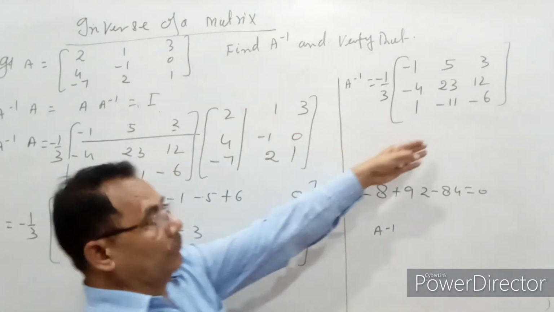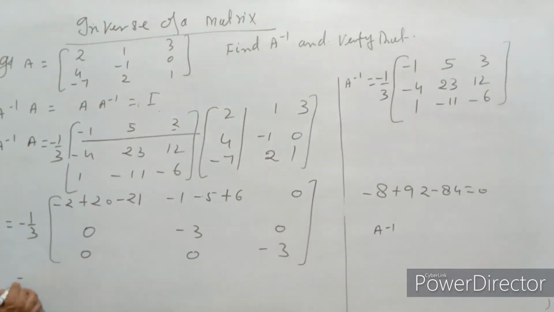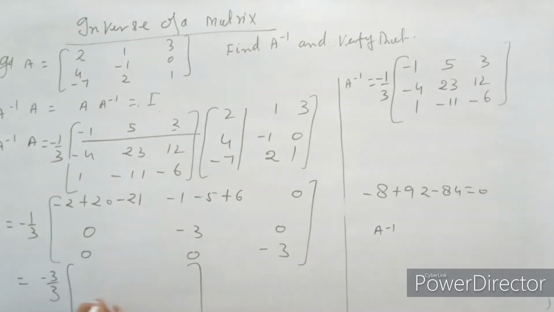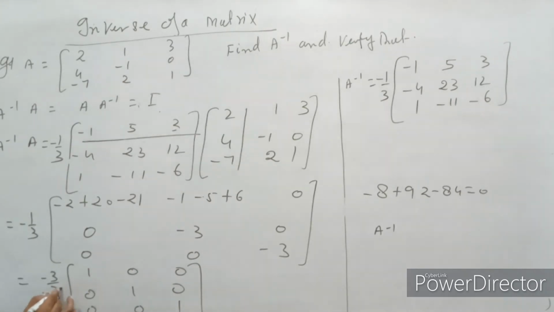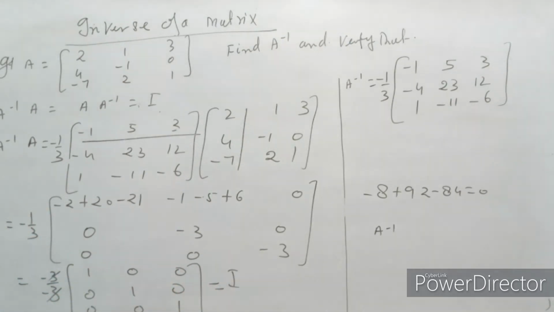A inverse is equal to adjoint of A upon this. So this is equal to minus minus plus, 3, and this is the 1 0 0, 0 1 0, 0 0 1, or minus 3 is equal to identity matrix.